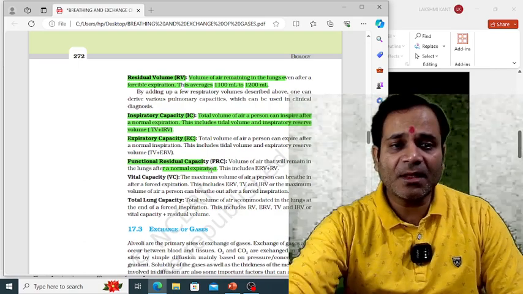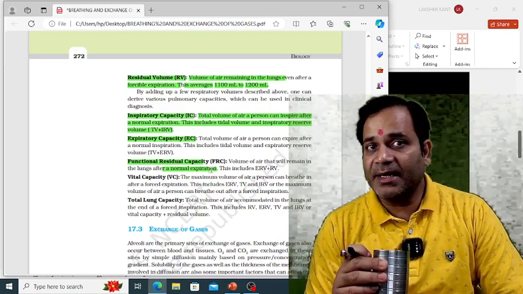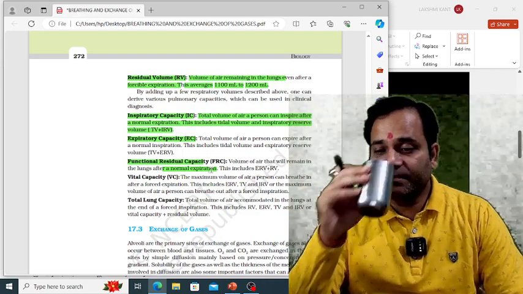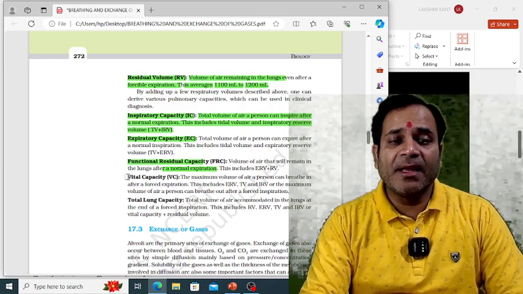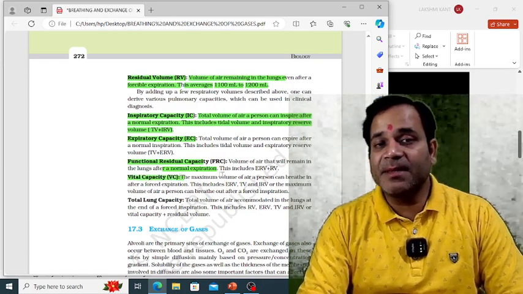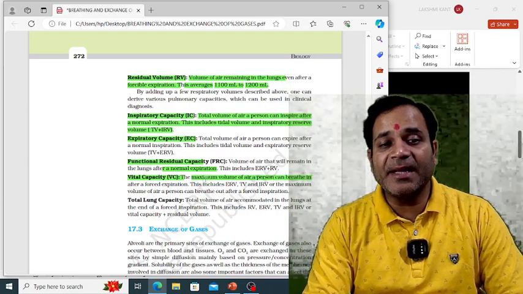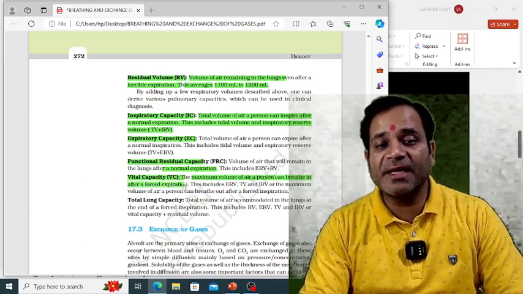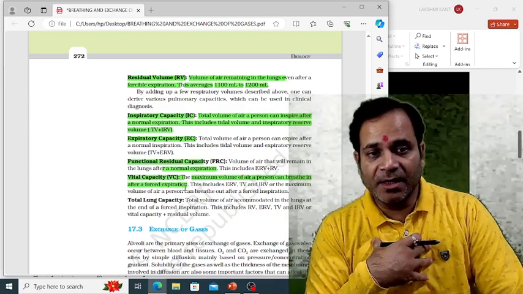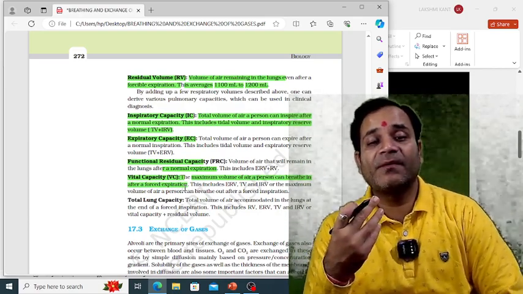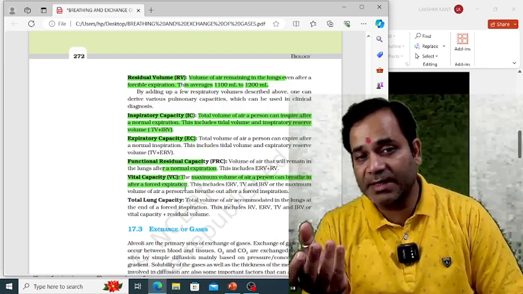Now the second last thing is vital capacity. Let's see the meaning of vital capacity. It is the maximum volume of air a person can breathe in after a forced expiration.